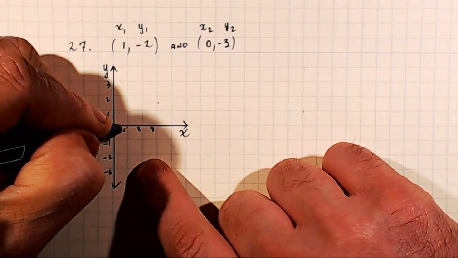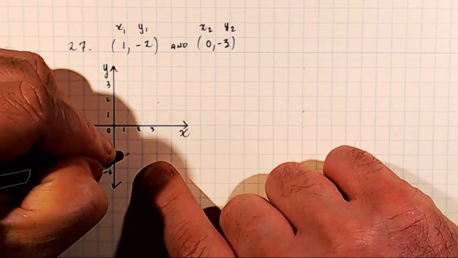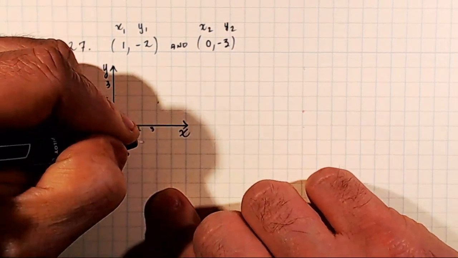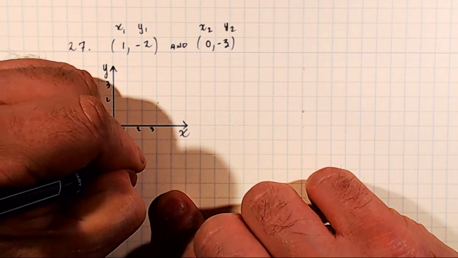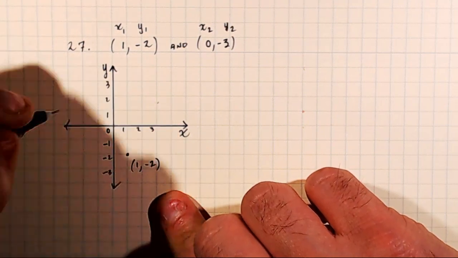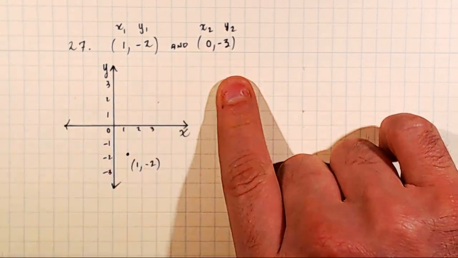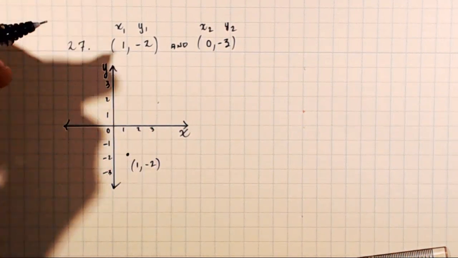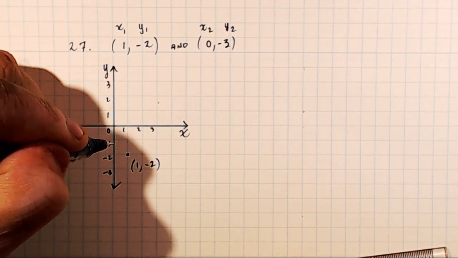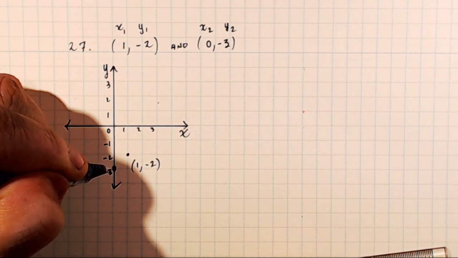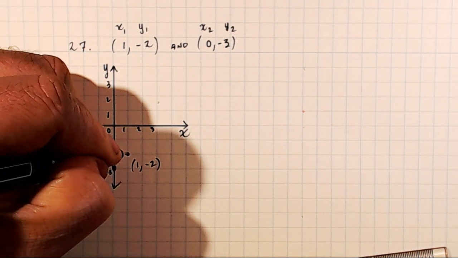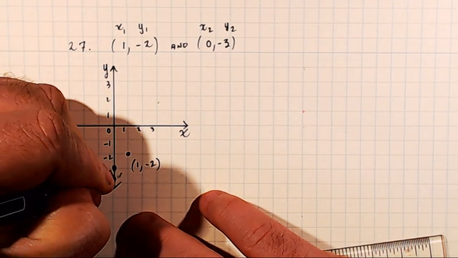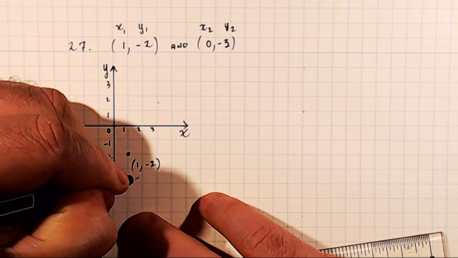That's going to be 1 comma -2. There's that point there, so we'll actually write that coordinate in, 1 comma -2. And then 0 comma -3. So we'll go x equals 0 and then -3 right here. So we actually have one on the y-axis. So this is going to be 0 comma -3.